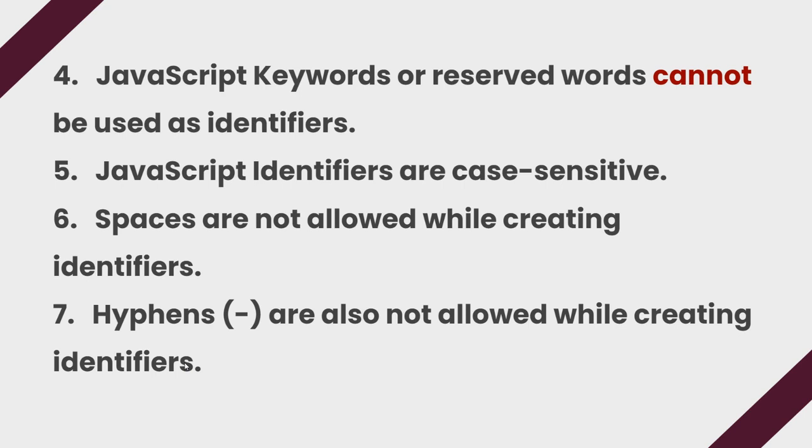Now, for the fifth rule, it actually says that JavaScript identifiers are case sensitive. So, for those that were in the first class, you already understand what case sensitivity actually means. And what this means is that JavaScript renders lowercase and uppercase letters very differently.